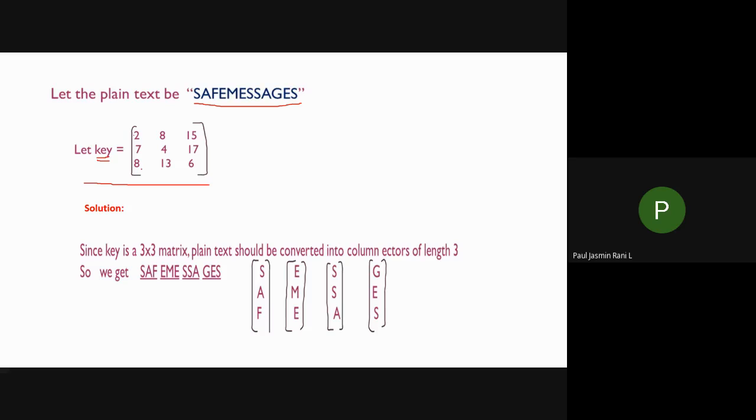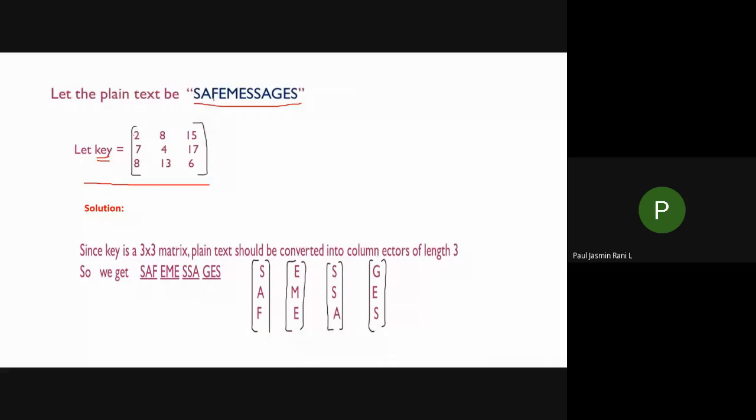This is the first point you have to remember. What is your first step? You have to split your plain text according to your key matrix. If it is 3 cross 3, you have to divide it into groups of 3.